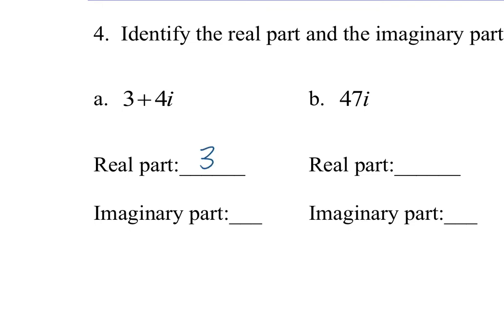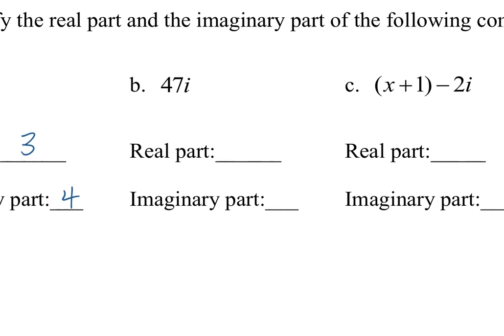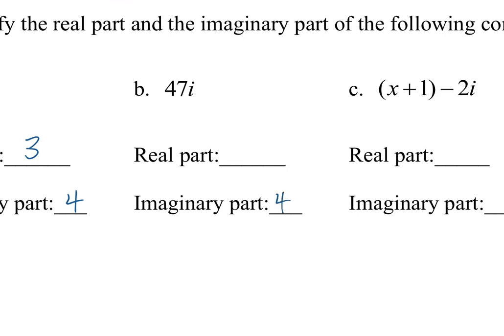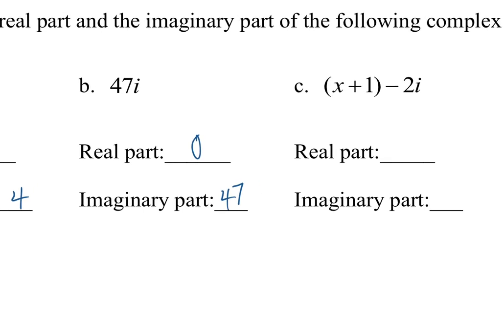The imaginary part is 4, right? Because the i had a 4 with it, so that was the imaginary part, and the other part that didn't have i was 3. On part B, 47 is the imaginary part, and there was no real part, right? So we'll just say 0. There was 0 of them.